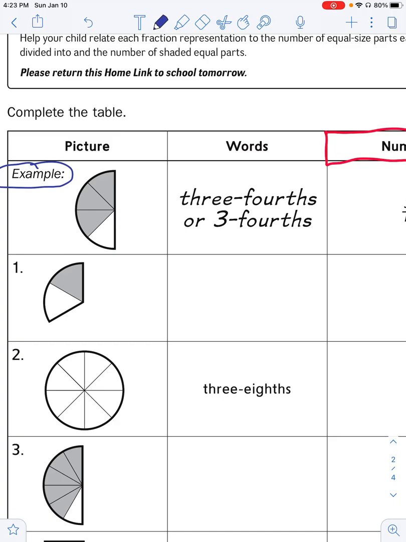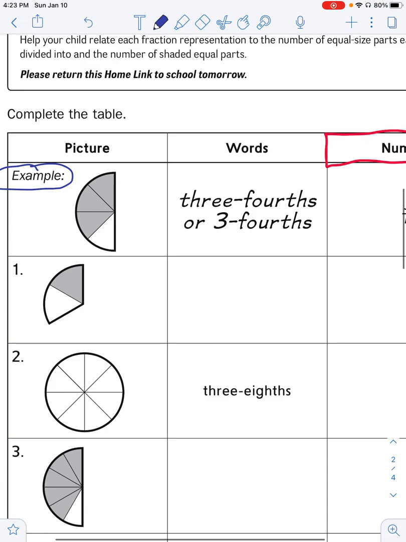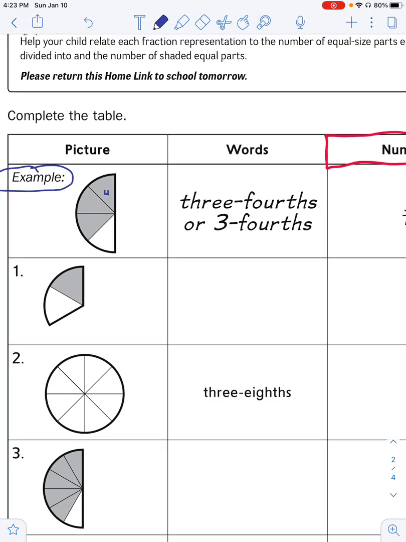So I know that there are 1, 2, 3, 4 total pieces, so I can go ahead and know that 4 goes on the bottom. So I'm going to put a little 4 right there, right here, and right here. And I'm only going to put that on the shaded parts because that's the fraction we're trying to represent.